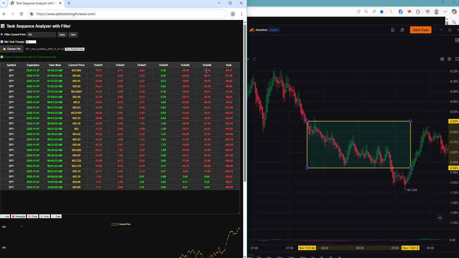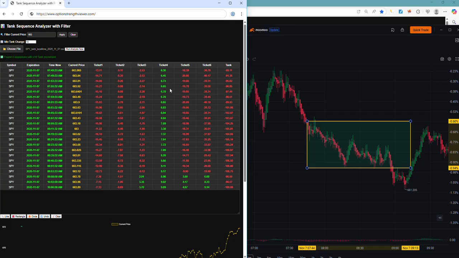We're starting to see, okay, ticket 6 is losing strength in puts. That means it's reversing. It's going to be positive soon. Same thing with ticket 5. We recorded it at minus 18. It is now at minus 9. It's about to be positive. Ticket 4 is a monster. It's already green. This is out of the money, meaning of all the out of the money calls and puts, calls are stronger.